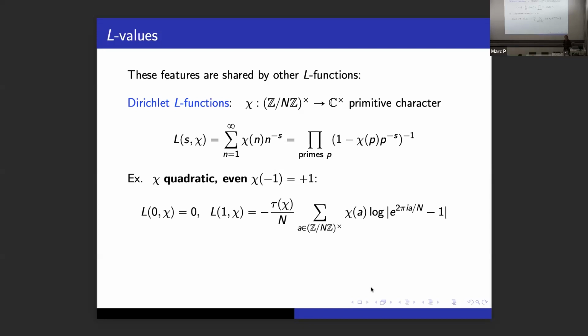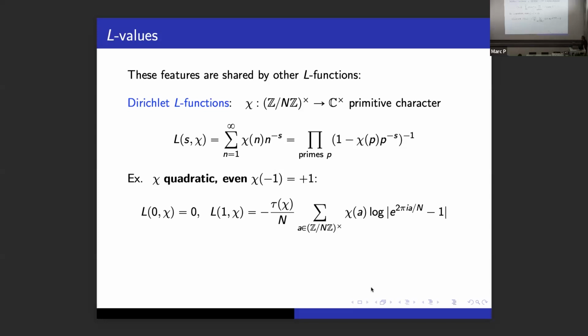The even quadratic ones more closely parallel the Riemann zeta function. So for such characters, L(0, chi) is 0, again partly because of a pole of the gamma function at 0. There's a functional equation, and across the functional equation, one gets a value for L(1, chi).